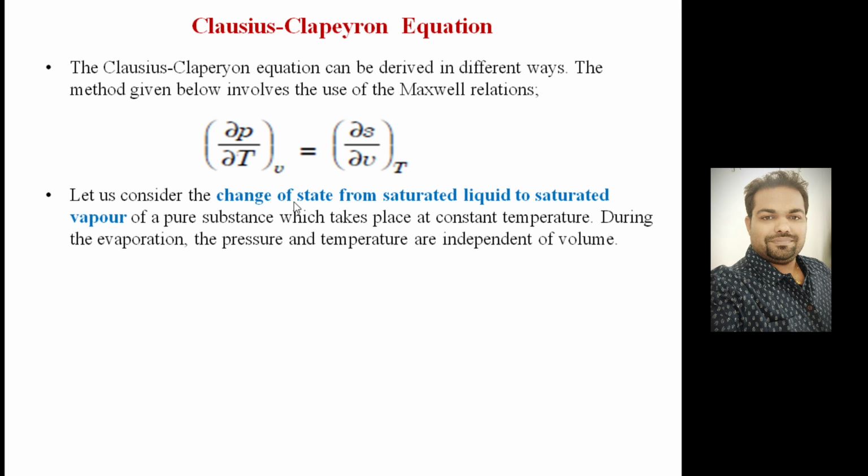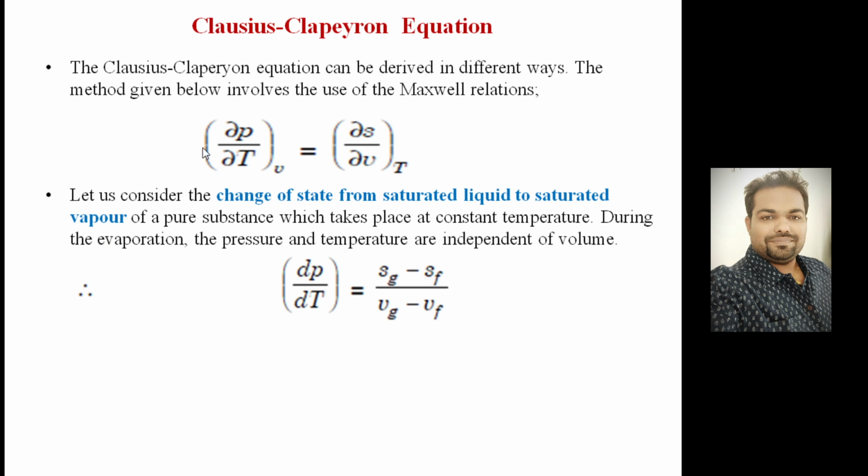So let us consider change of state from saturated liquid to saturated vapor of a pure substance, which takes place at constant temperature. During the evaporation, the pressure and temperature are independent of the volume. This is one of the fundamental peculiarities of phase change process, right? And we are considering the case of conversion of saturated liquid to the saturated vapor.